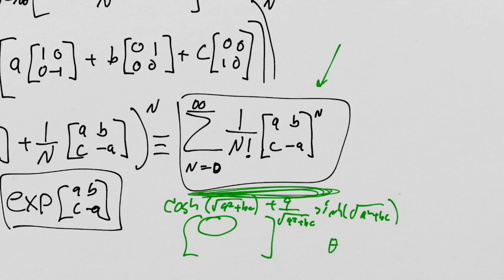Because theta equals the square root of a squared plus bc, and theta squared equals a squared plus bc, which was the mistake I made in my substitution early on.